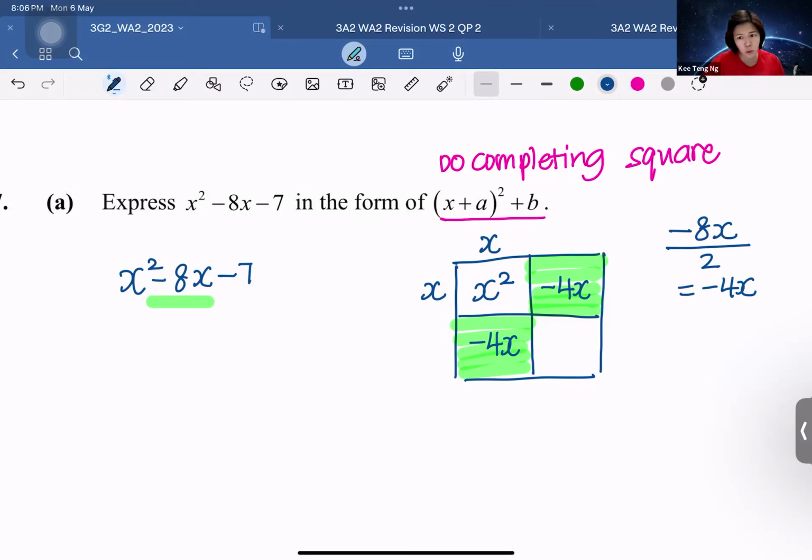Then what number times x can give me negative 4x? So the number over here will be negative 4, and these two should be the same number.